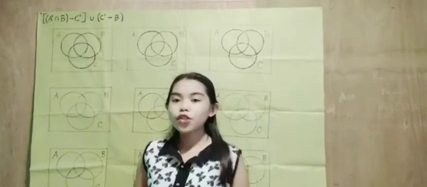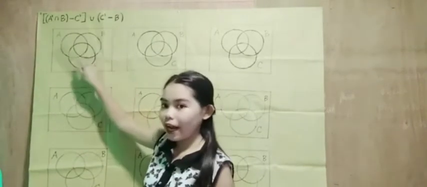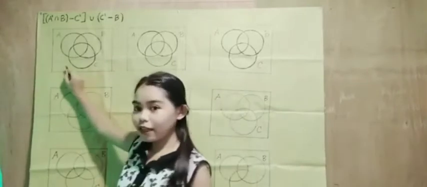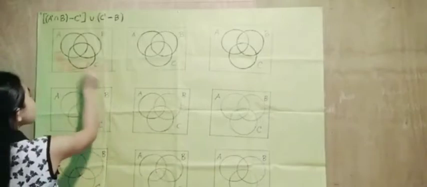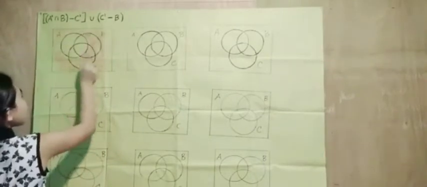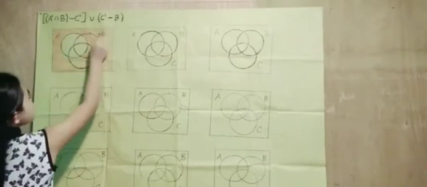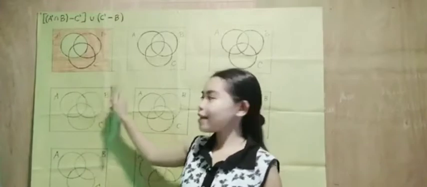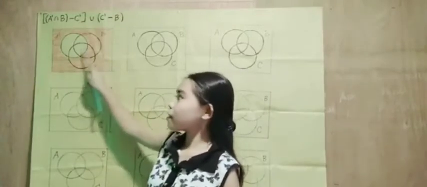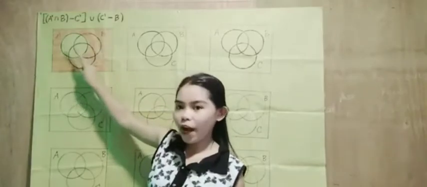So we should shade all of the sets here except A. So here, we shade everything in the universal set except the A because it is called the A prime.